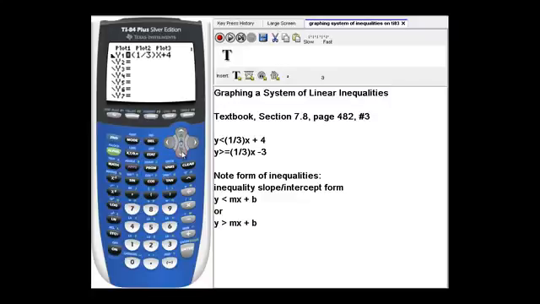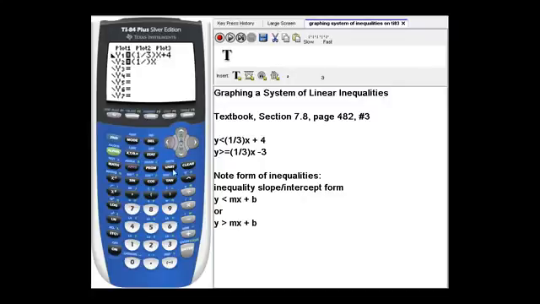Now I'm going to cursor down to the second line, and I'm going to enter this inequality there. Y is greater than or equal to 1/3 X minus 3. First, I'm going to enter the right-hand side of this second inequality in the second line of my graphing window. So I'm going to enter 1/3, open parentheses, 1 divided by 3, close parentheses, X. Oops, okay, I need to go back.